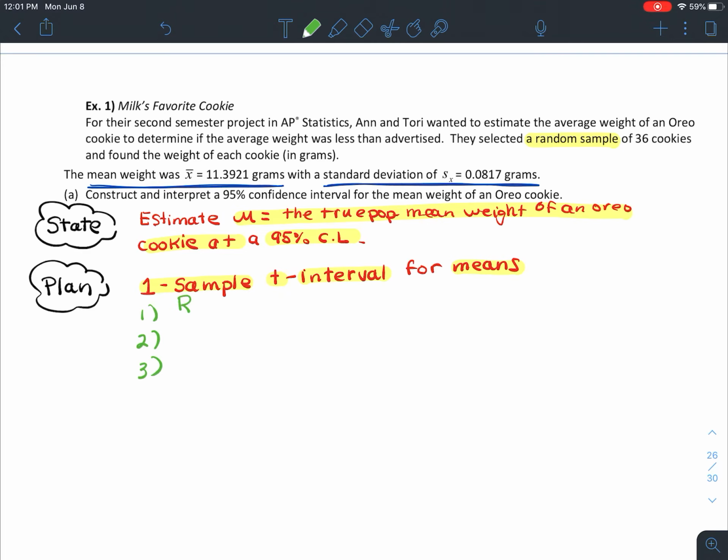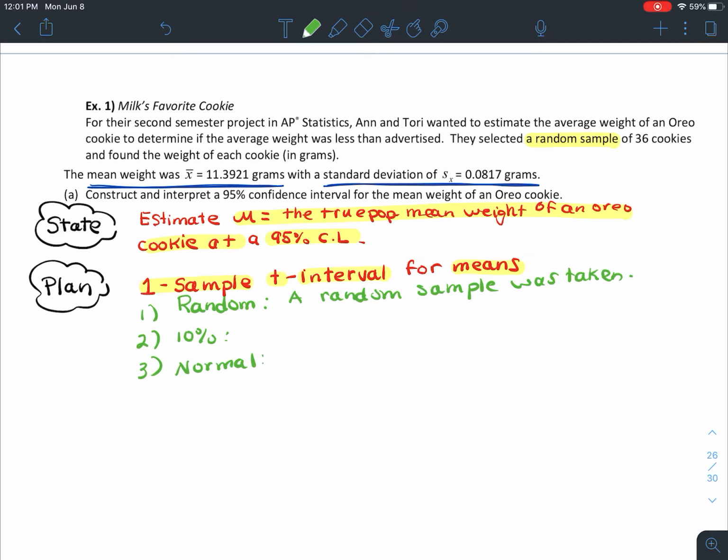The other element of the plan step is for us to run down through our 3 conditions. We know those now, hopefully very well, to be random, 10%, and the normal condition. And so we need to show evidence and proof of each of these 3 things. For random, we're just going to reference what I highlighted here, that a random sample was taken. Remember the 10% condition, that is what we use to conclude independence here.